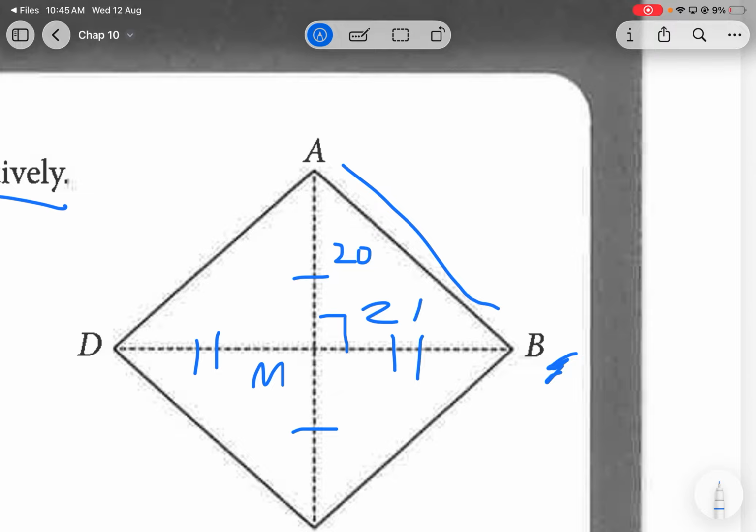Okay, so you can see Pythagoras, very simple one.